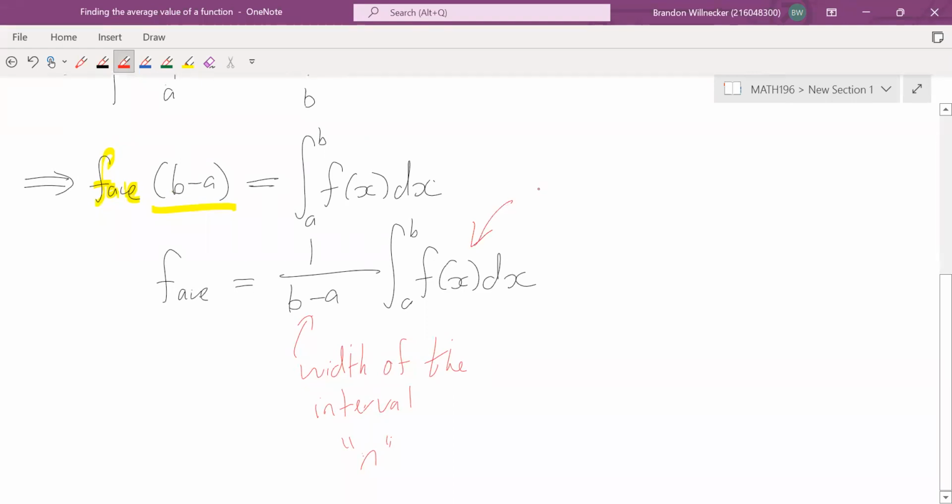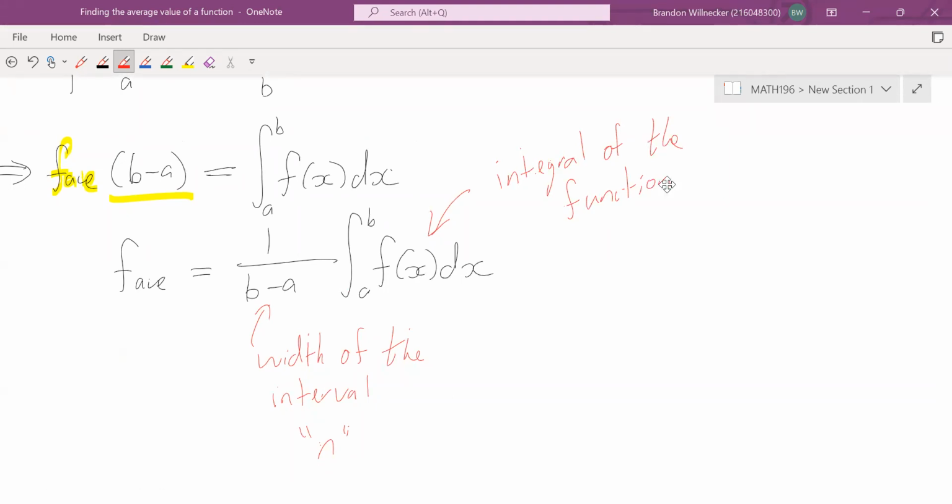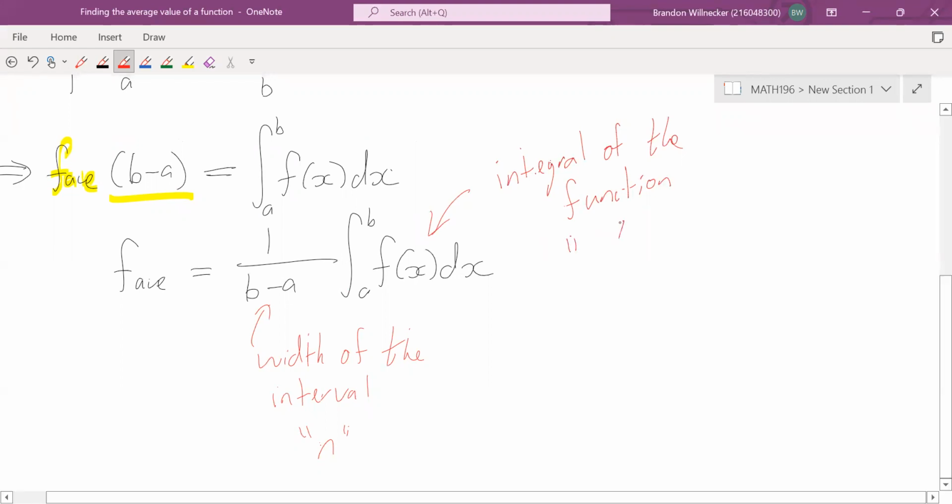And this is the integral of the function. We see that the integral of the function you can think of as the continuous extension, because it's continuous now, for the sum over r of b_r.